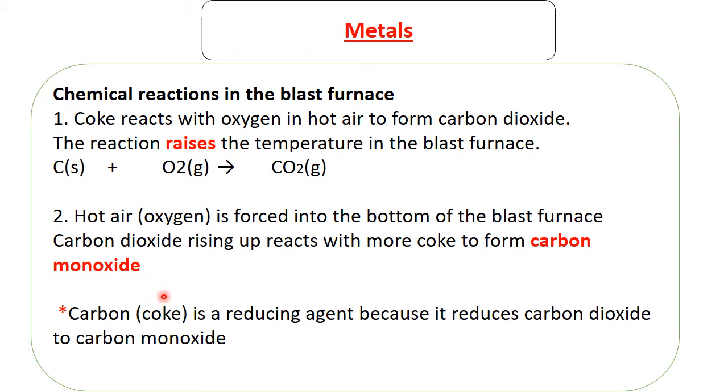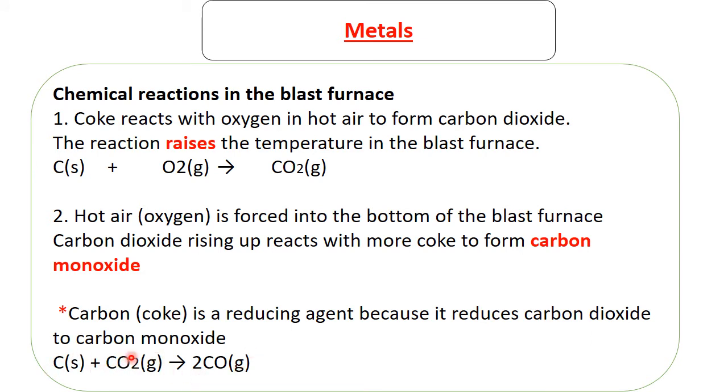Okay, so as you are going to see, the carbon is going to reduce the carbon dioxide to carbon monoxide once the carbon dioxide reaches where the charge is. So when it reaches there, this is the reaction that occurs.